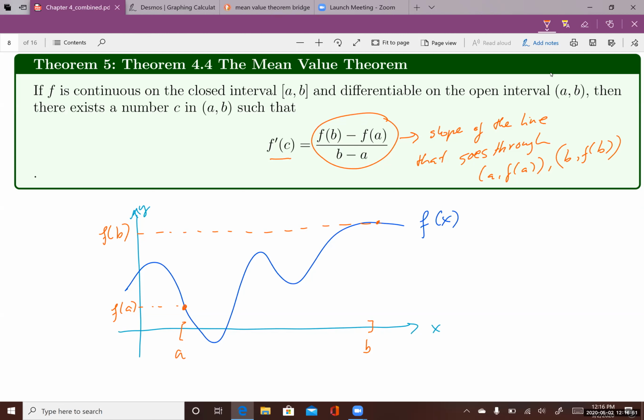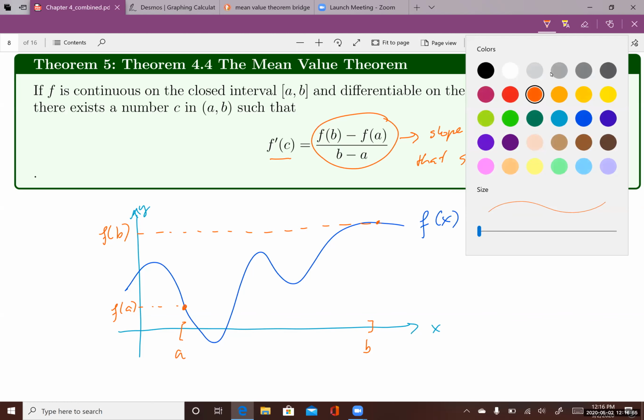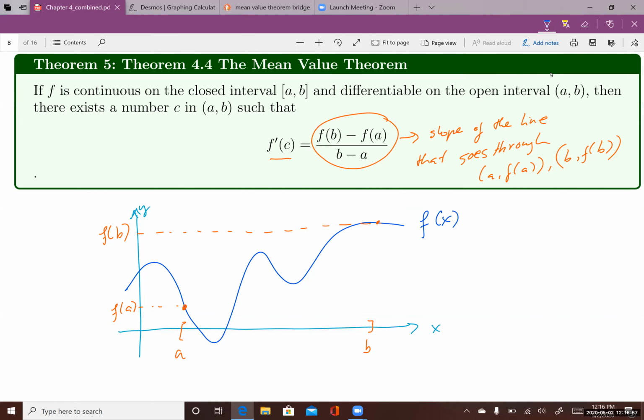Okay, so that's the right side of the equation. What about the left side? The left side of the equation, f prime of c, it's just the slope, right? It's a derivative, so it's the slope of the tangent line at x equals c.